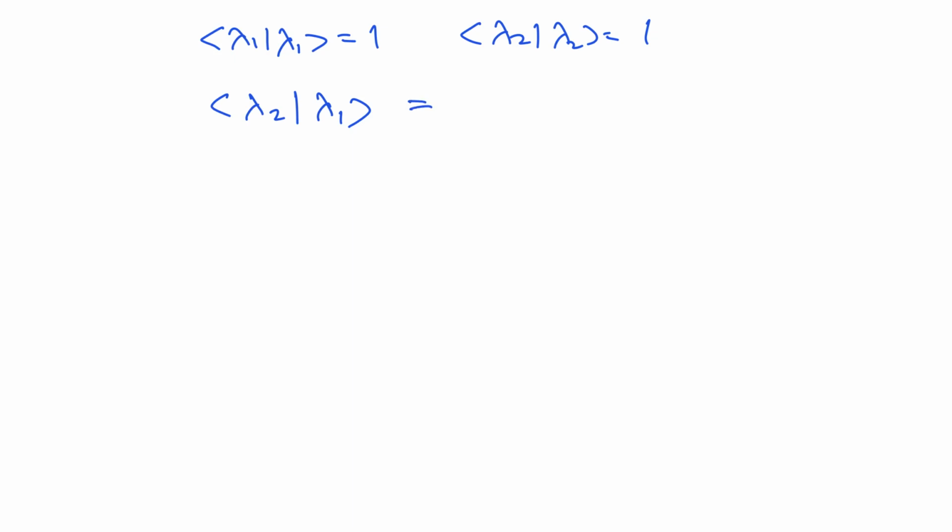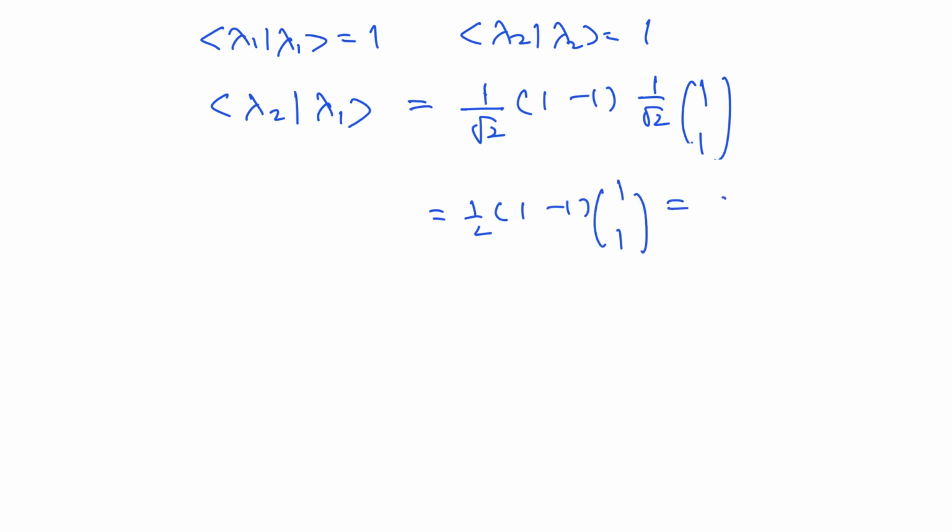So we have lambda 1 equal to 1, lambda 2 equal to minus 1. How about the product of x1 and x2? 1 over square root of 2, (1, minus 1), times 1 over square root of 2, (1, 1), which is 1 half times (1 minus 1), which is equal to 0, right? So they are actually orthogonal to each other.